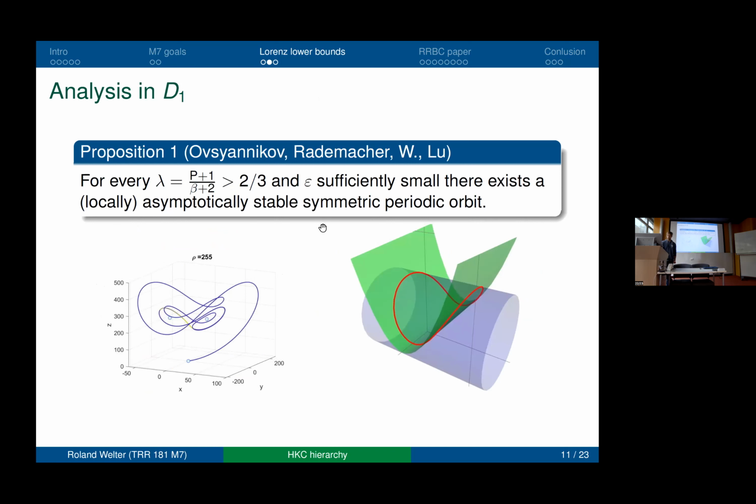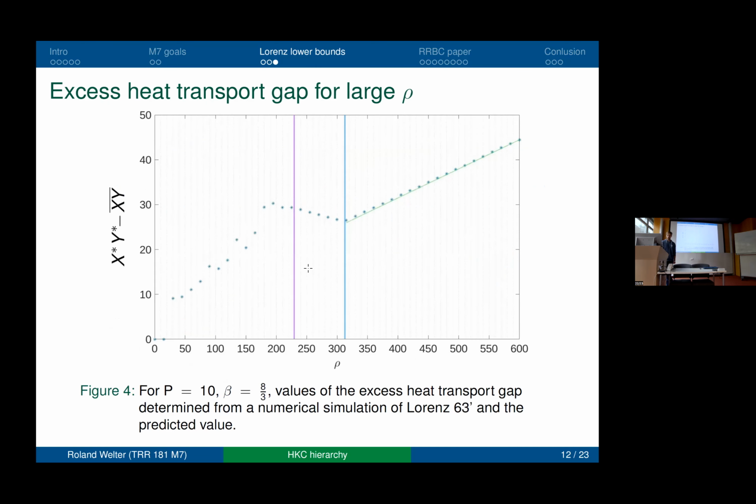The way this works is we set the Rayleigh number formally to infinity, and there's a nice limiting system in this case, which we perturbed from to get the bounds, the formulas here. And with these analytical formulas, we can prove that the heat transport exhibits a gap between the stable value and the maximal value.